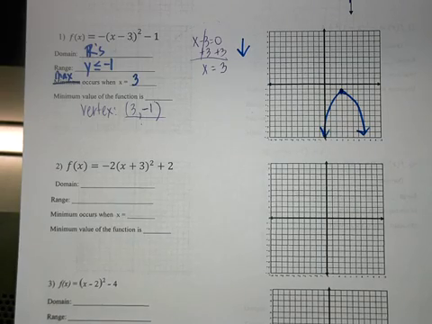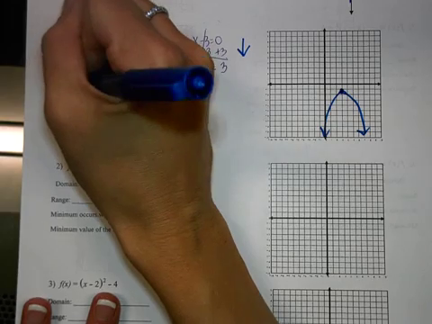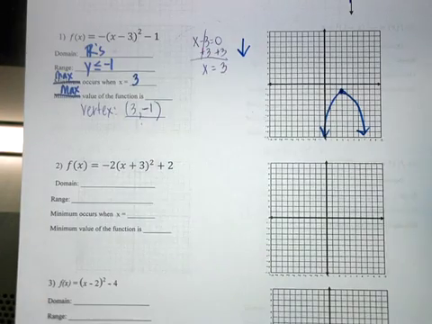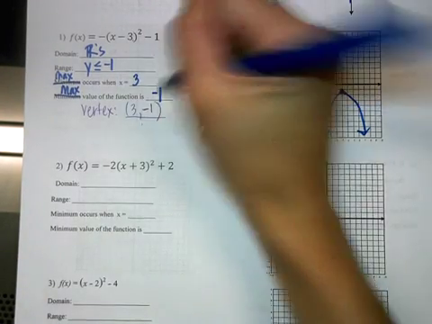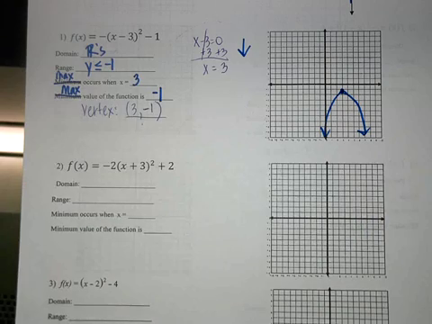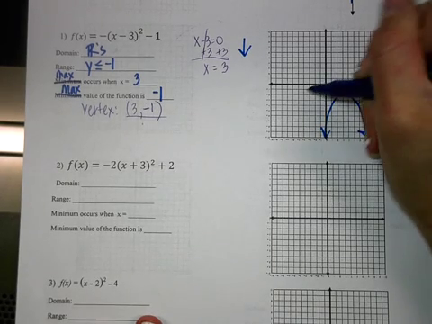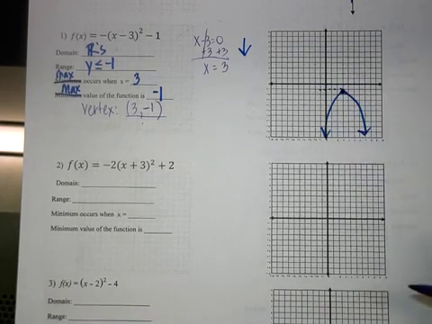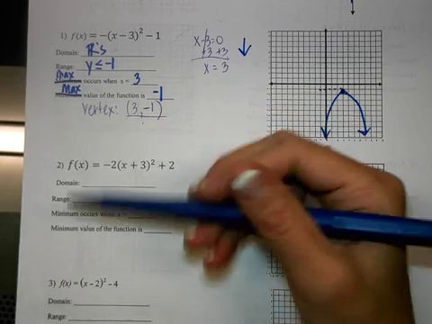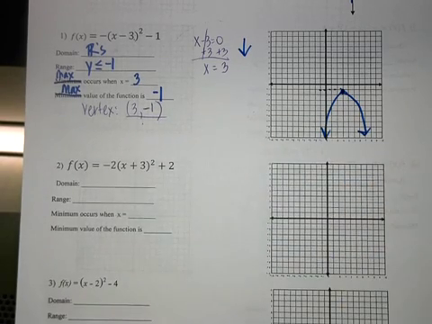And the maximum value of the function is your -1. So whenever they're asking for your maximum or minimum value, they're actually talking about the Y value. They're talking about what is this maximum or minimum value, which is the Y value on the graph. Okay? And all these questions should have said max or min, so if it has the wrong thing, you guys change it. Okay? All right, so next problem.